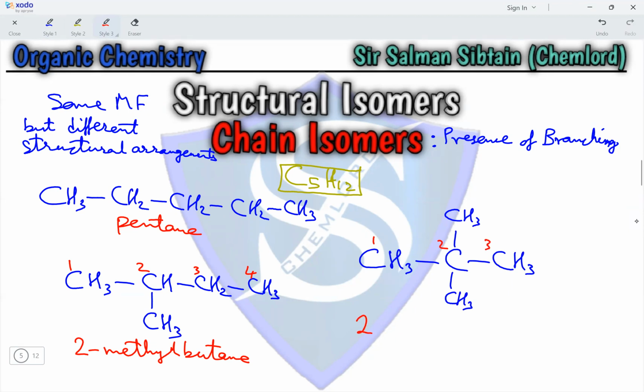So we have 2,2-dimethyl, and the 3 carbon alkane is called propane. Now 2,2-dimethylpropane is also a chain isomer of pentane having 5 carbon atoms and 12 hydrogen atoms. So in this way, the introduction of branching results in the formation of chain isomers.